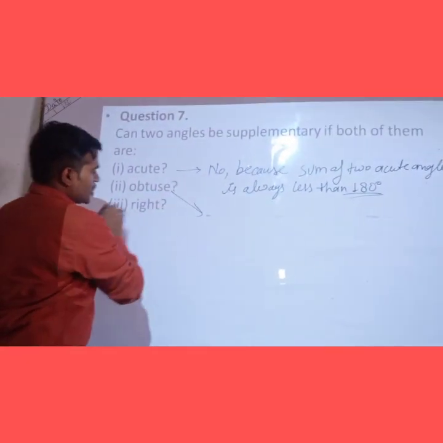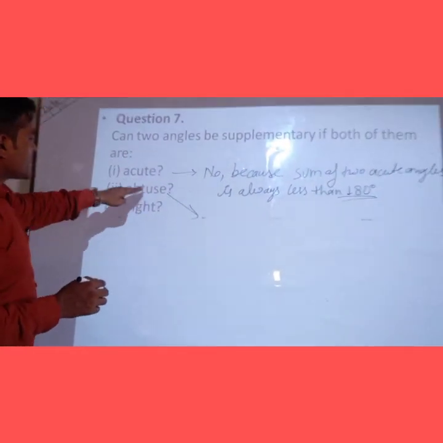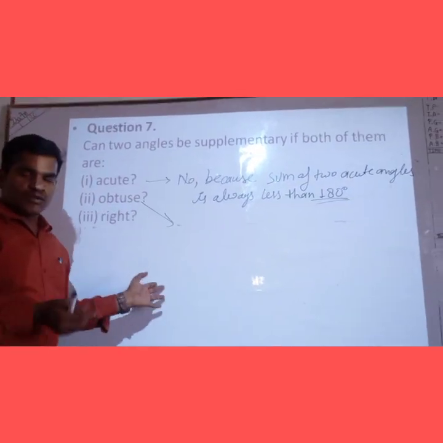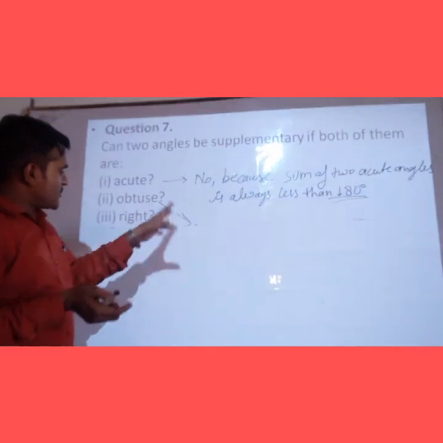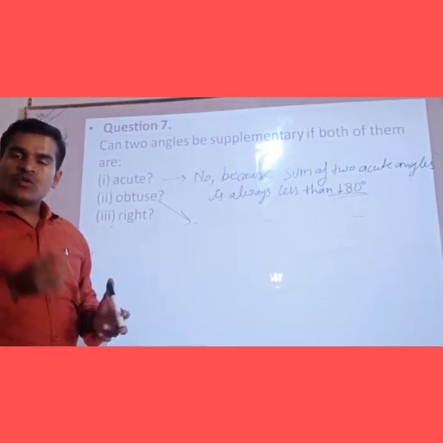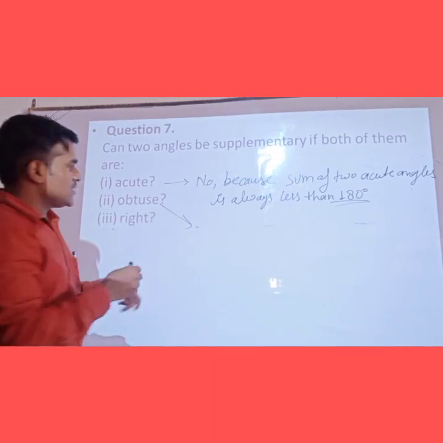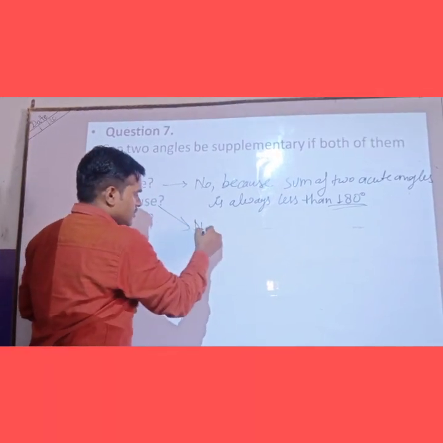Second one, two obtuse angles. If there are two obtuse angles, the sum of those obtuse angles is always greater than 180 degrees. So that is also not supplementary. So what will we write there? No. Why?